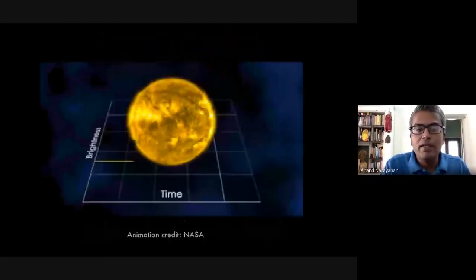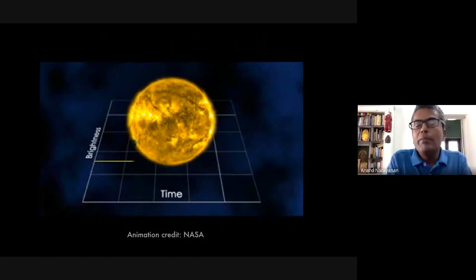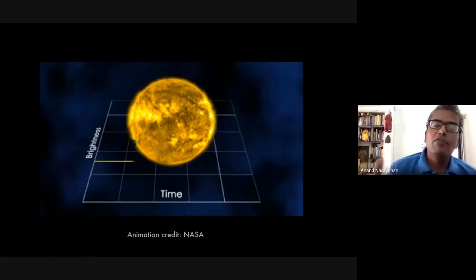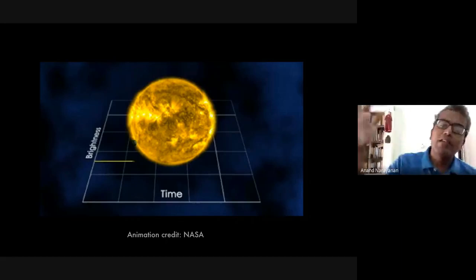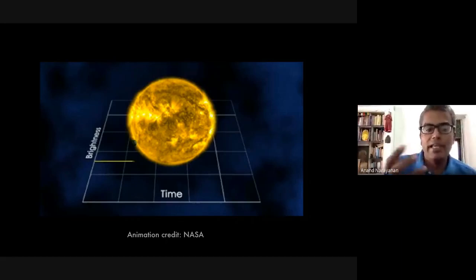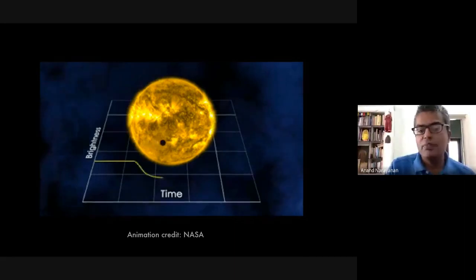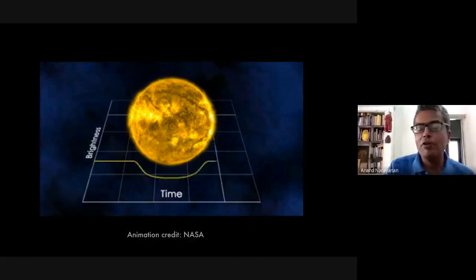Okay. And so let me go a little bit deeper into this. If you have multiple planets going around a star, and one of them is a small planet and the other is a really large planet, say one is an Earth-like planet and the other is like a Jupiter or a Saturn, then the amount of light that they will block will be different. A small planet will block a tiny amount of light.